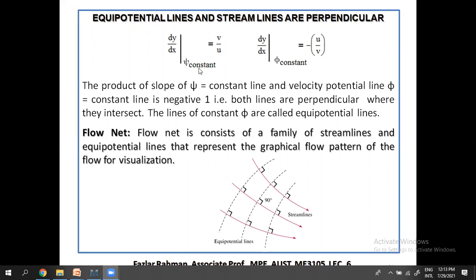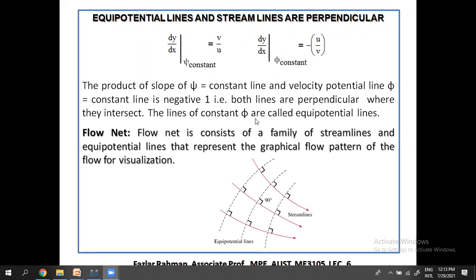M1 into M2 equal to minus 1, then they intersect each other in the perpendicular direction. So the product of the slope of the psi constant line and the velocity potential phi equal to constant line is negative 1. So both lines are perpendicular where they intersect.